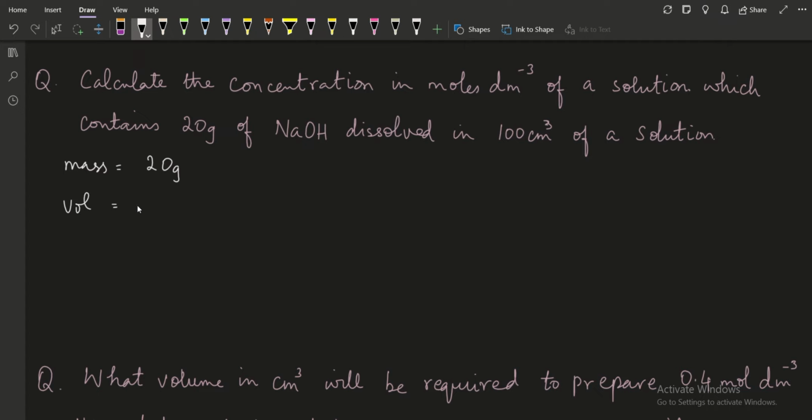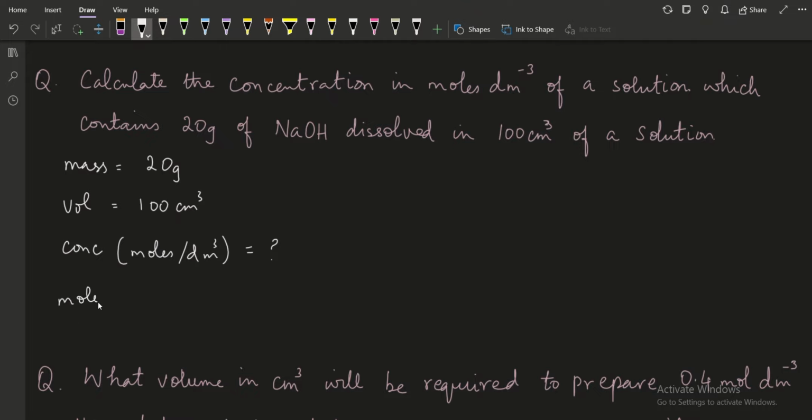Volume is 100 cubic centimeter, and we have to calculate the concentration in terms of moles per cubic decimeter. But we are not given moles, we are given mass. So first of all we have to calculate moles.